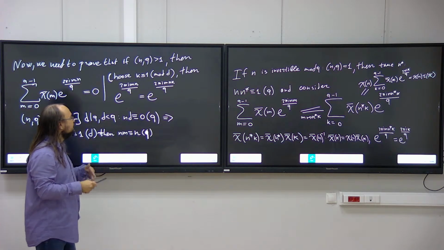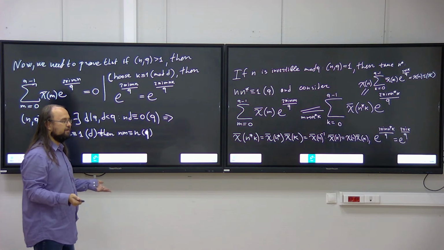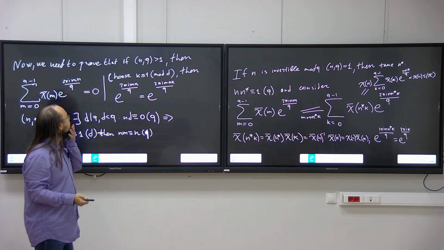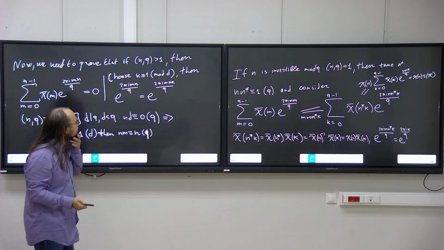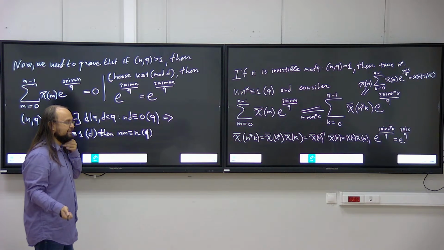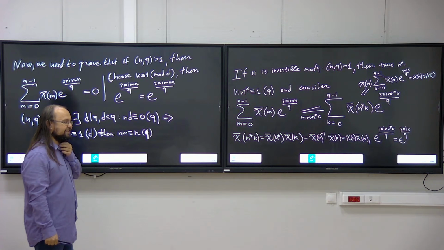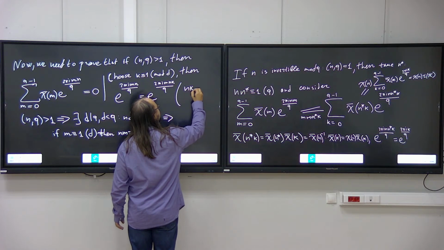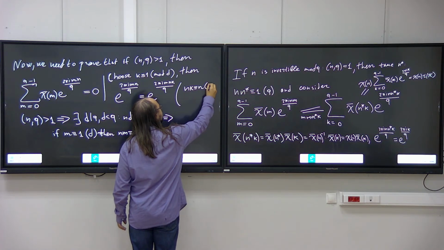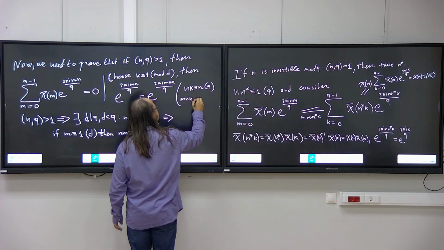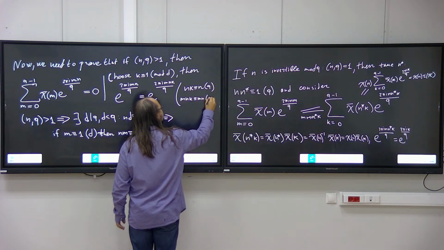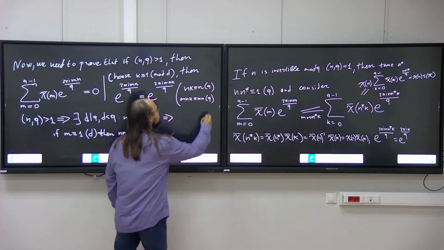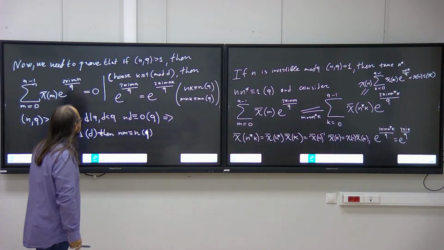Right? Because nk is congruent to n. So m n k is congruent to m n modulo q. Correct?